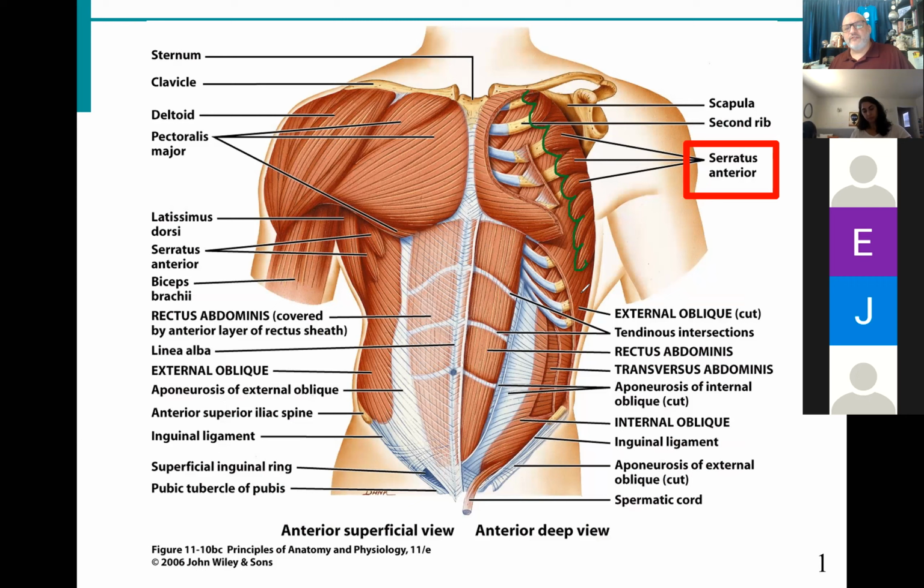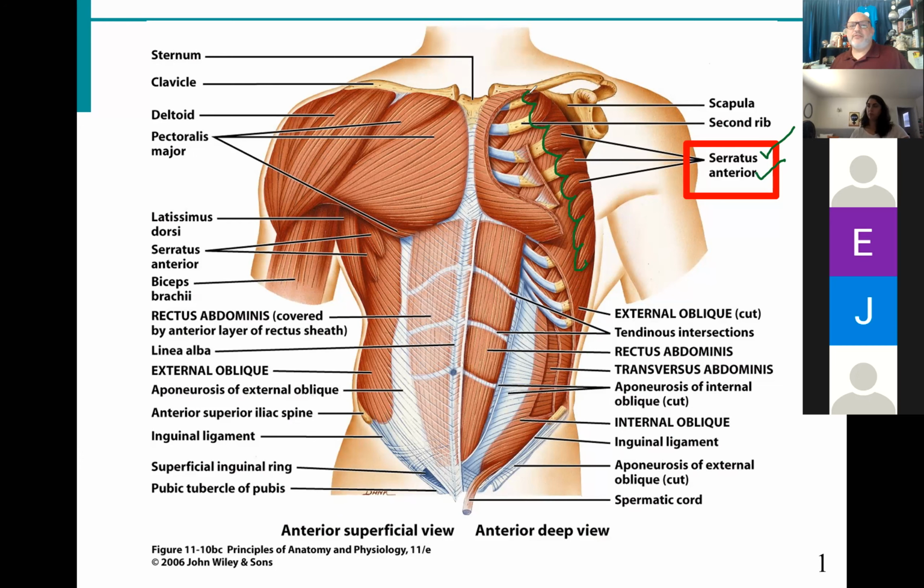So obviously they're on the front of the ribs, check, anterior. And notice it gives it a scalloped appearance, kind of like a serrated blade, like a steak knife, which is serrated. So serratus anterior. It is anterior in its origin, and its origin has this serrated appearance.